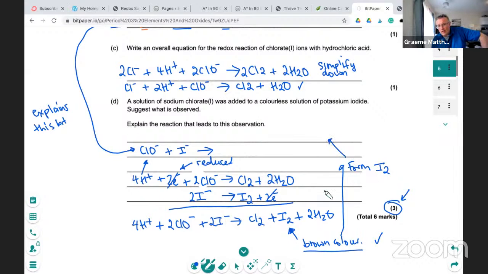It's going to form I2 because it's oxidized. When I do past paper questions, the very first thing I do is look at the point value and think, I need 3 distinct points: brown color, forms I2, is oxidized. So this was question 1.